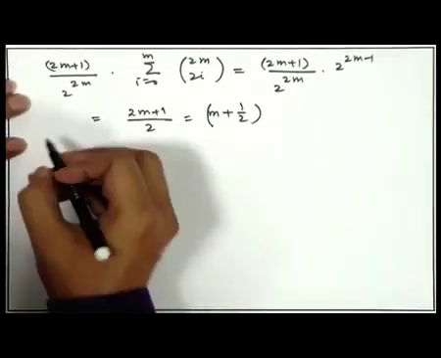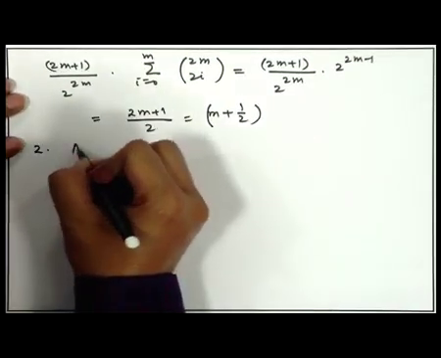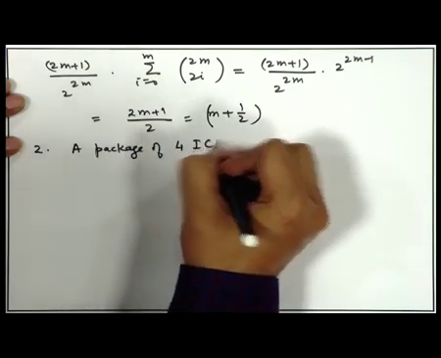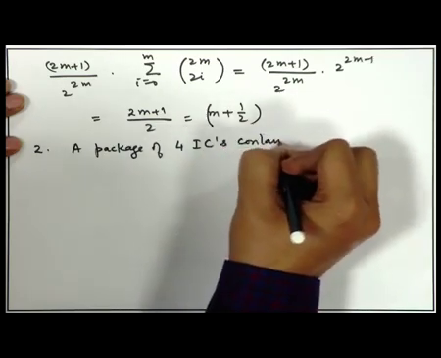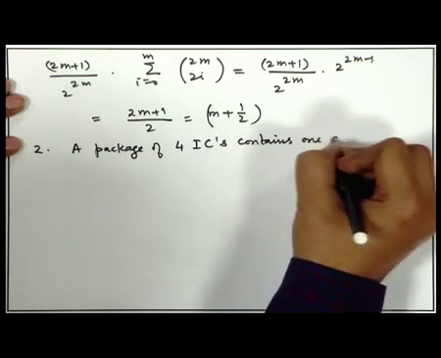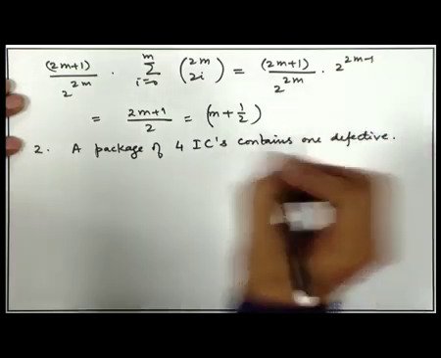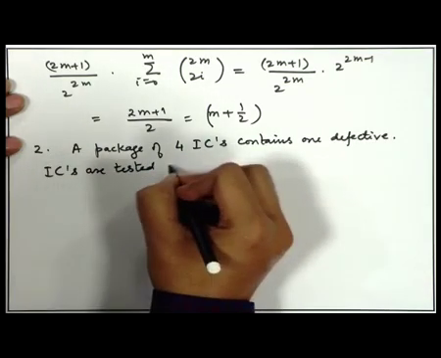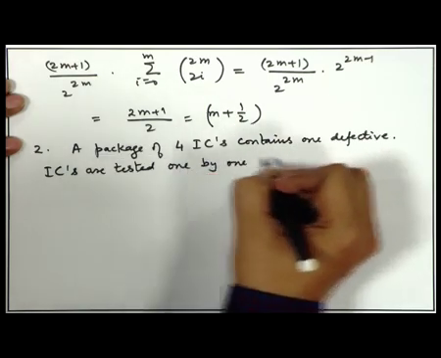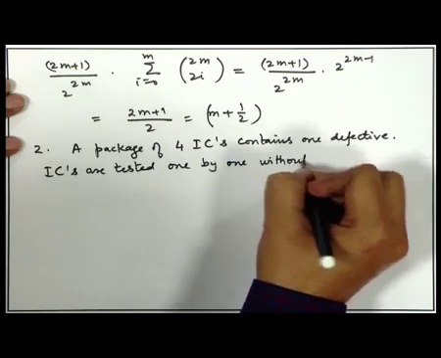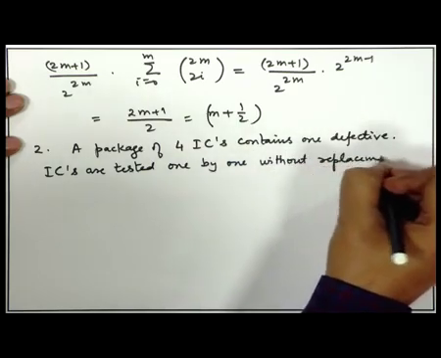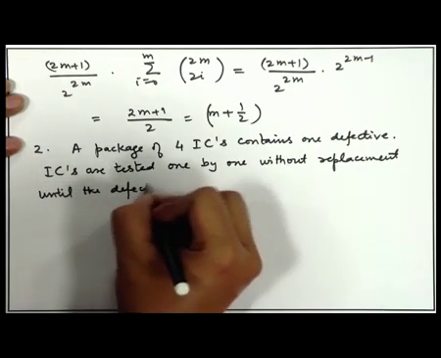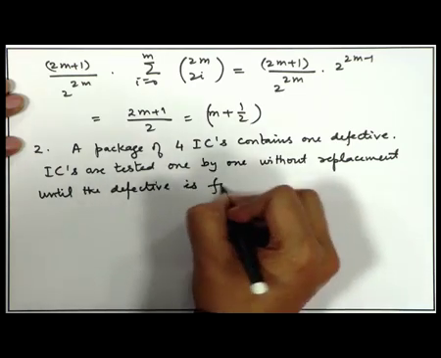Let us take another discrete distribution example. A package of 4 ICs contains one defective. The ICs are tested one by one without replacement until the defective is found out.